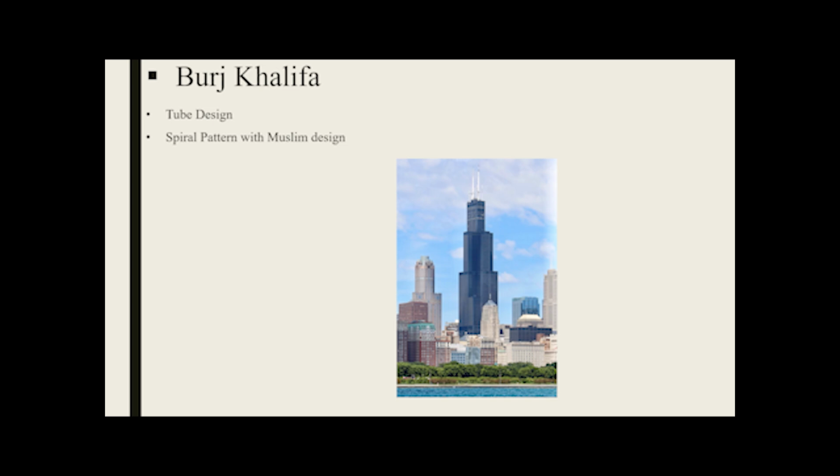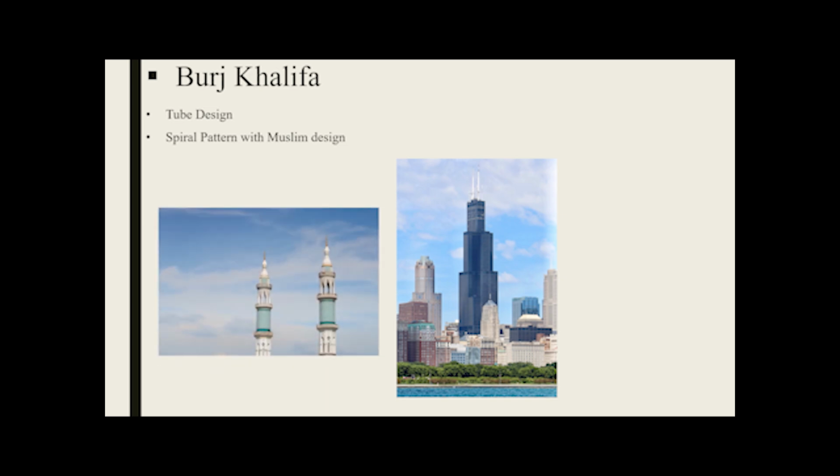As the tower rises from the flat desert base, it has a setback, and its cross-section decreases in a spiral from the bottom to the top, slender. They follow the tower's mast pattern.